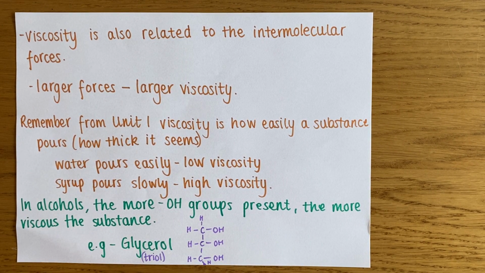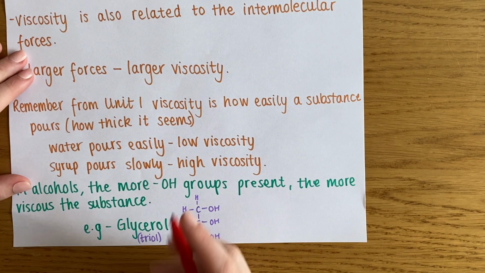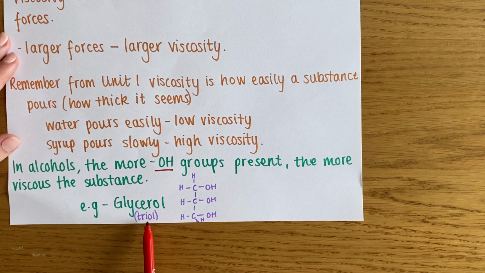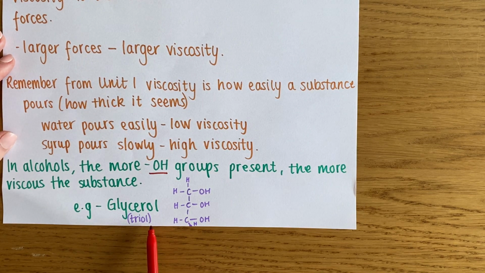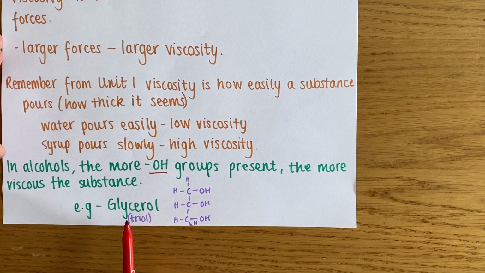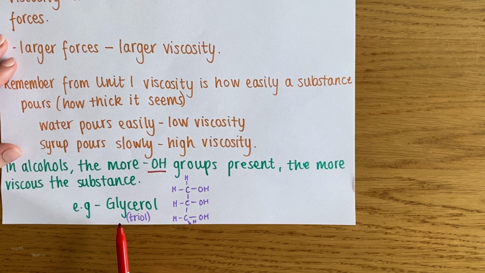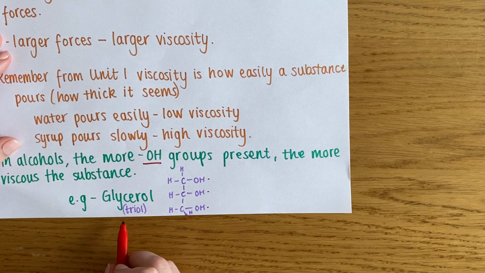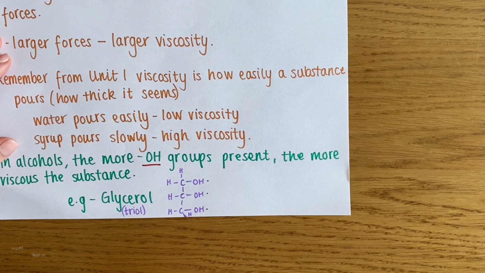Okay, and in alcohols, it's important that you know the more OH groups, so the more hydroxyl groups present, the more viscous the substance is. So for example, your glycerol here, as I've said, you'll come onto it, you'll do quite a lot with glycerol. Your glycerol has a high viscosity due to the 3 OH groups here. Remember, 3 OH groups is called a triol.